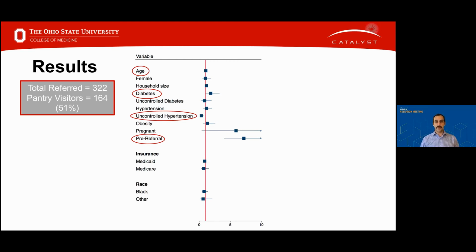We can see that a one-year increase in age, diabetes diagnosis, or being an existing food pantry utilizer increased the likelihood of visiting a food pantry following a referral. Patients, on the other hand, with uncontrolled hypertension were less likely to visit a food pantry following their referral.